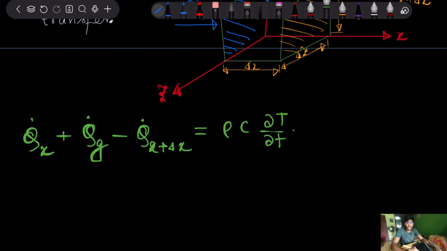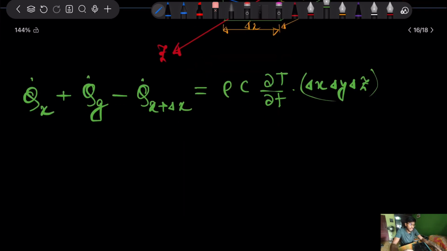If I consider it to be a solid, then I know that Cp equals Cv. I proved this. So this will be rho C delta T, and obviously the volume, because rho into volume is the mass, and that will be the internal energy change, that is m c del T del t. This small t is time.